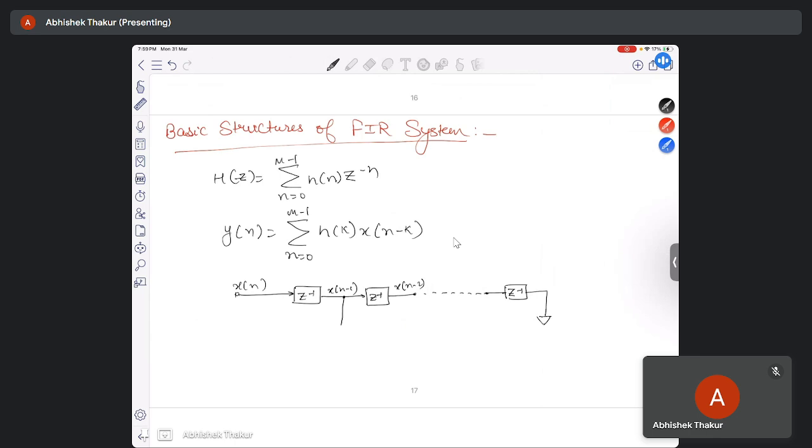So from here, x of n minus 1 with the adder, there it will be h of 0. Okay. There again, it will be h of 2. Okay. Now here it will be h of M minus 2.